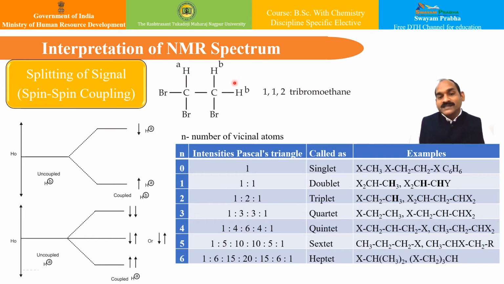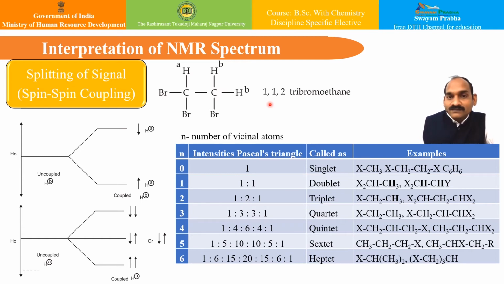On what basis does this splitting or coupling occur? That is given by Pascal's triangle. If 2 protons have different chemical shifts and are within 3 bonds, that is, geminal or vicinal, then the protons will be coupled to each other, and the signal will be split into a doublet due to the 2 magnetic orientations of the other proton.